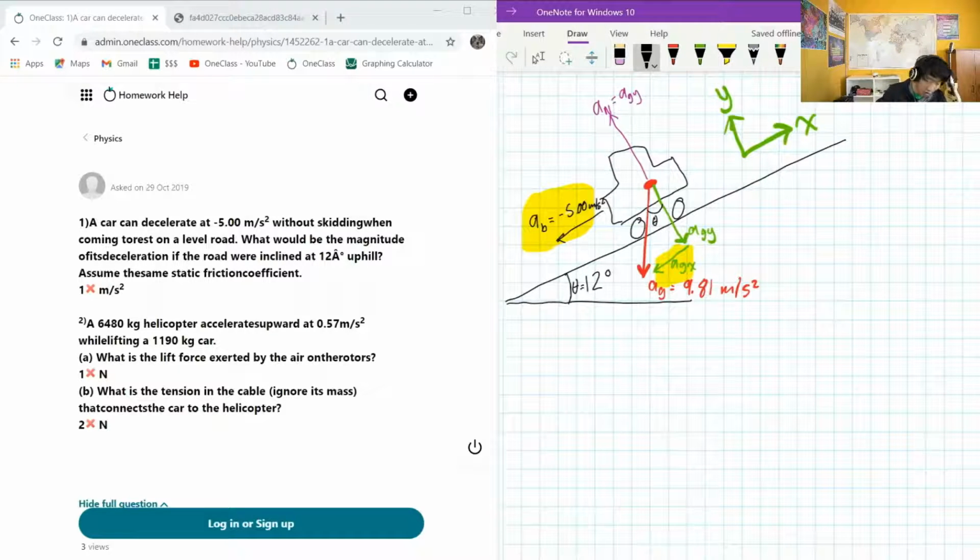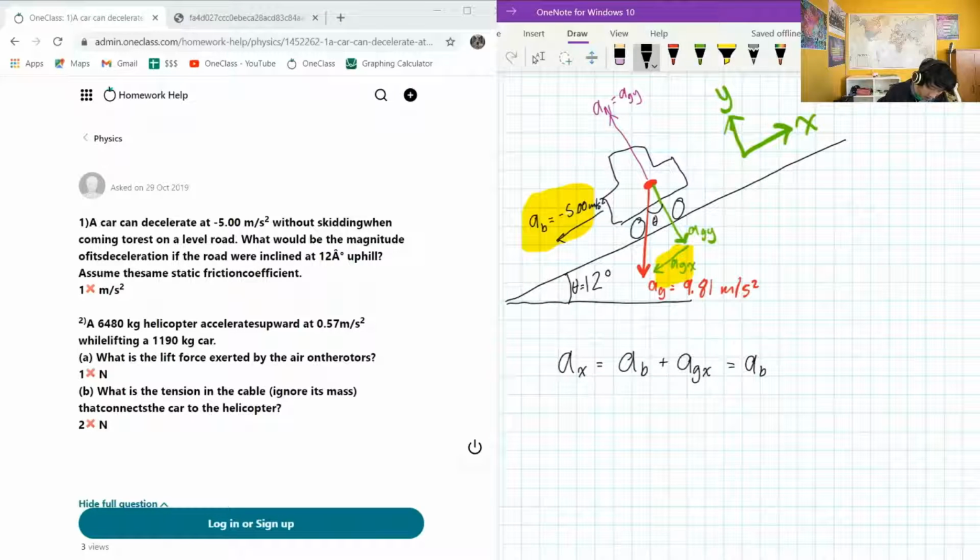Okay, so for the overall acceleration, we're just looking for the x direction acceleration, according to this tilted axis. So the total acceleration is going to be equal to the acceleration of the brakes plus the acceleration of gravity, but just the x component of it. So we should rewrite this.